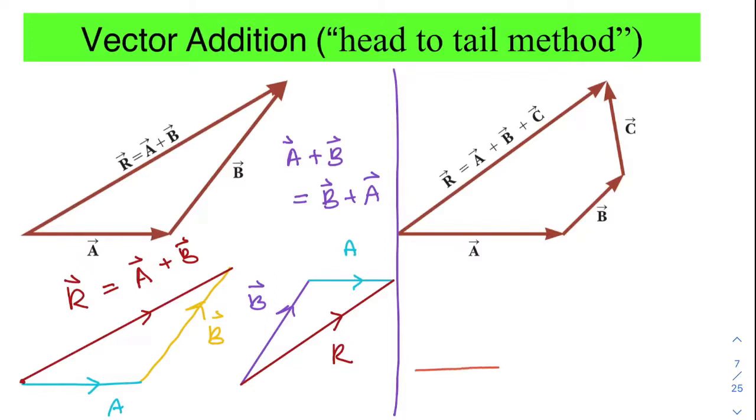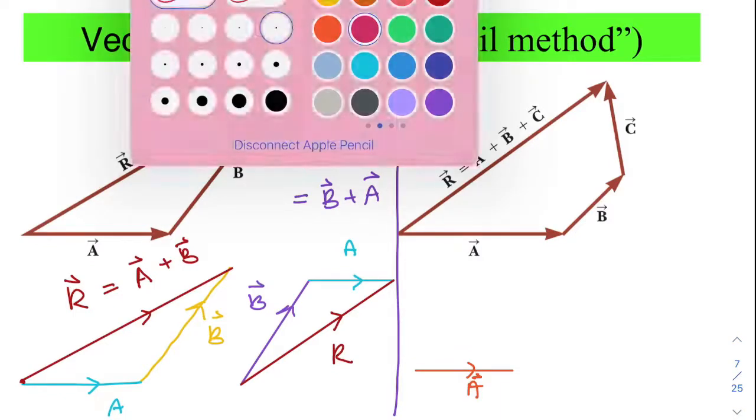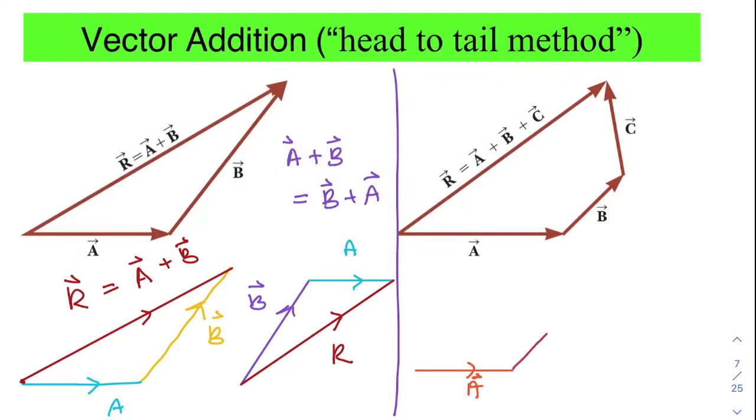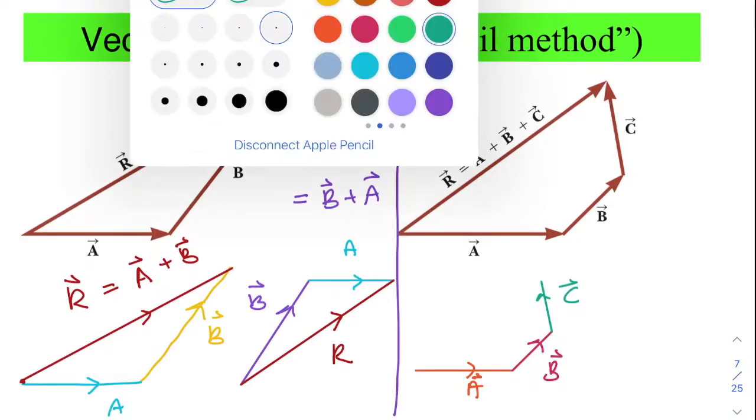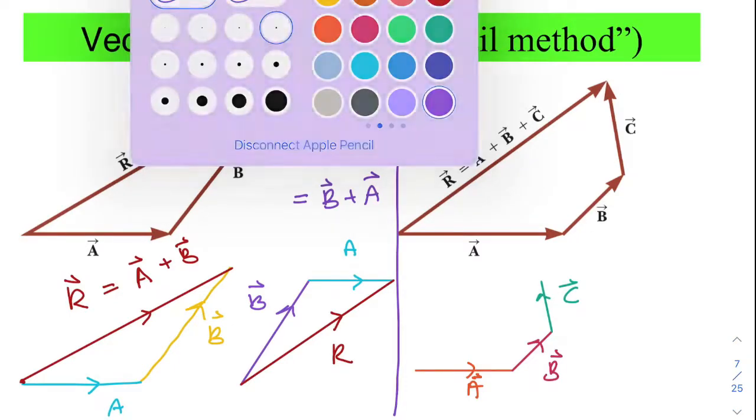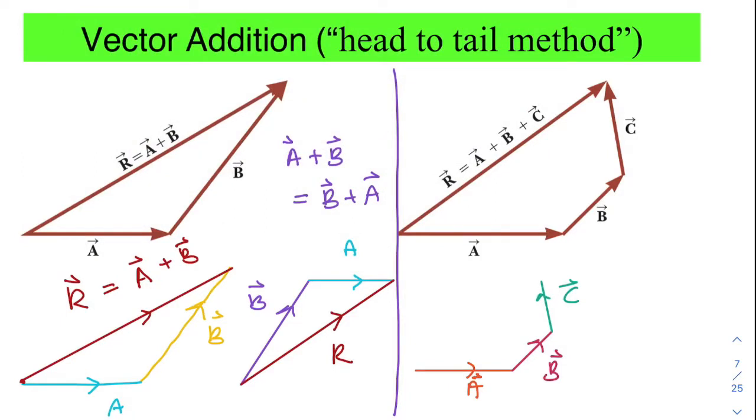You draw A, and then you draw B, and then you draw C. Finally, you're going to have tail to tip, the tail of the first vector to the tip of the final vector.